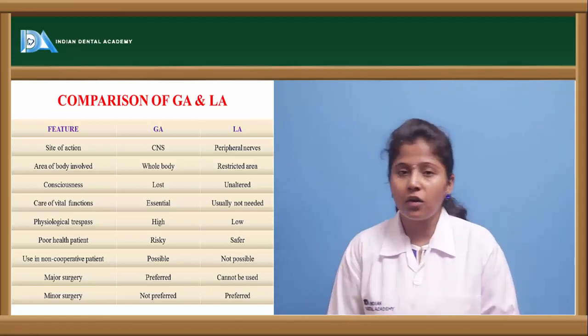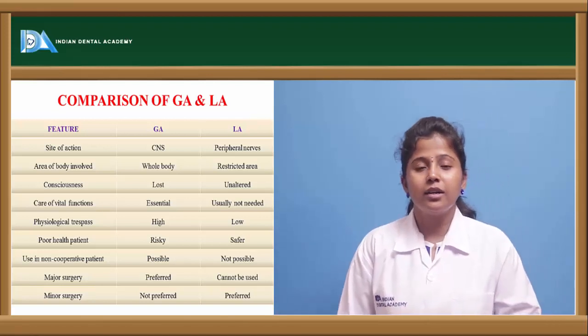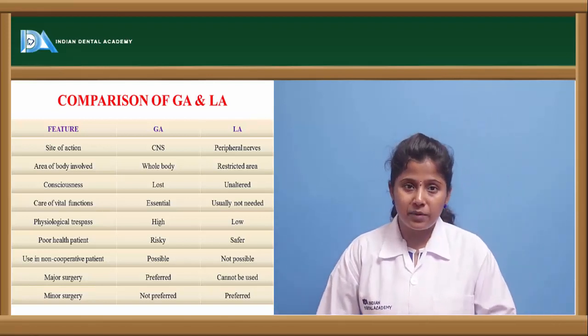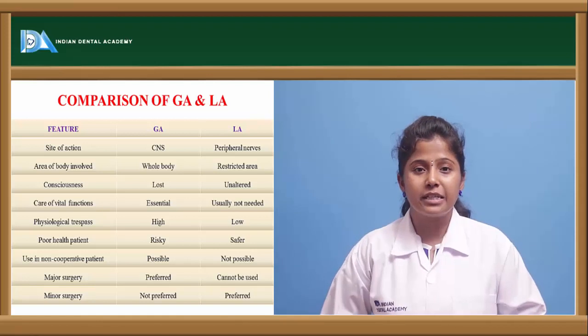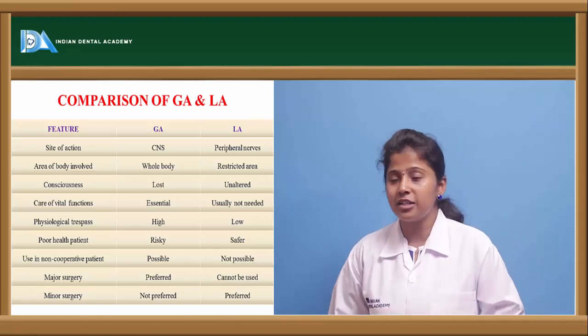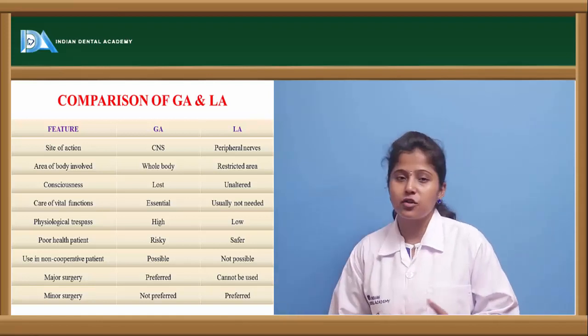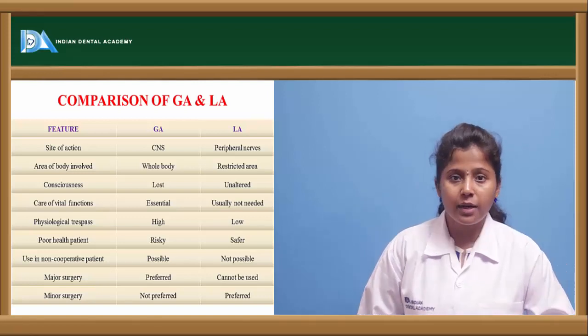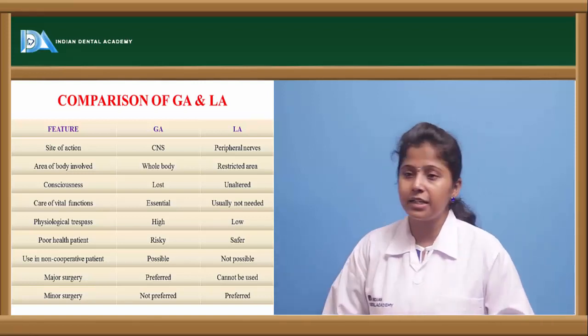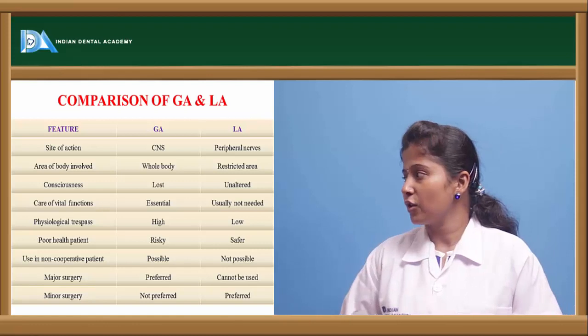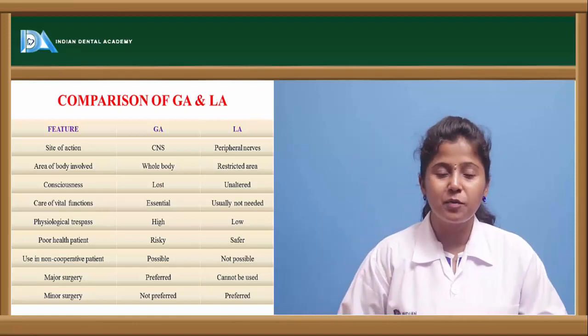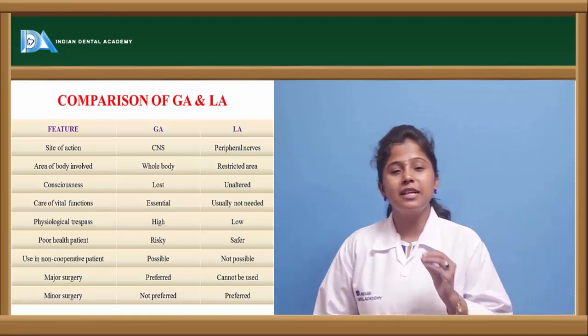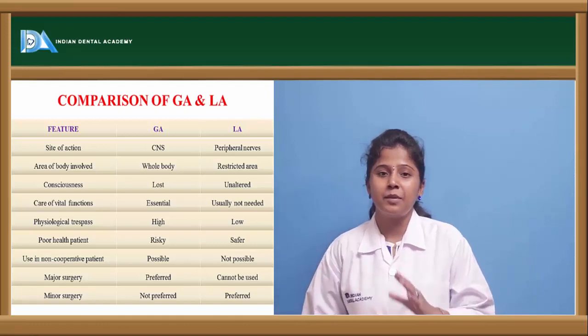And use in non-cooperative patients. If a person is not cooperating with the administration of anesthesia, then general anesthesia is preferable, since it is possible even if the person won't cooperate.